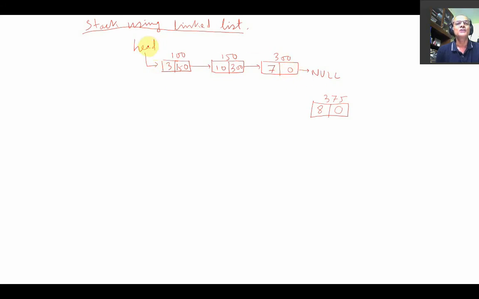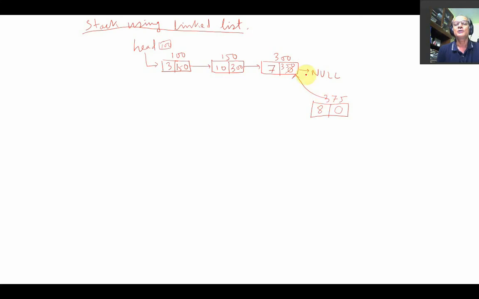You have to search from the head. Head is containing the address 100. From this 100 it will go to this node, and from that address you can get the link of the next node. You are getting this node, and now you see this is 0, that means this is the last node. Now you can cut this and put 375 here.